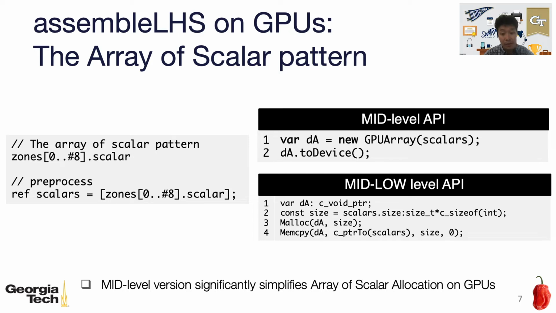And at the mid-low level, the code is a bit more complicated, as you have to deal with low-level types like a C void pointer and so on. Also, I didn't put any example here, but we also have a low-level version of this code, which is a full CUDA version, in which the user has to write even lower level code than the mid-low level API.